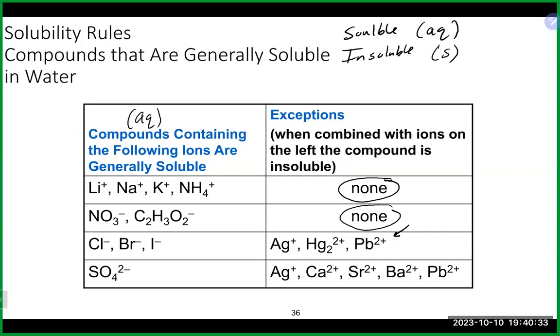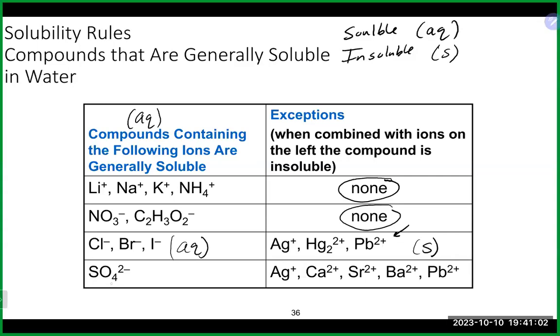So what that means is if you have chloride, bromide, or iodide with everybody except those 3, it should be aqueous. But if you have one of those guys, chloride, bromide, or iodide with either silver, mercury, or lead, it becomes the opposite of aqueous, which means it becomes insoluble and will be a solid at that point. Any questions on that there?